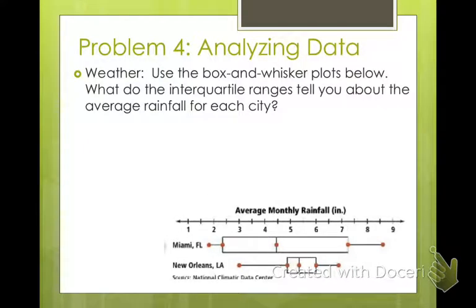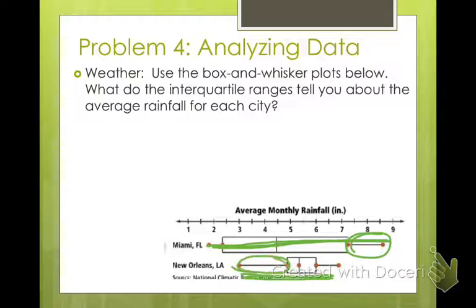Okay, so if you look at a box and whisker plot like this one here, it has Miami, Florida, and New Orleans. What you're going to notice is some different things. The rainfall in Miami is way more spread out. And it kind of has a little bit longer whisker there, so it might mean we possibly have an outlier. But if you look at New Orleans, it has a lot smaller range.